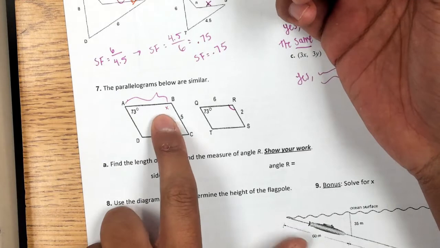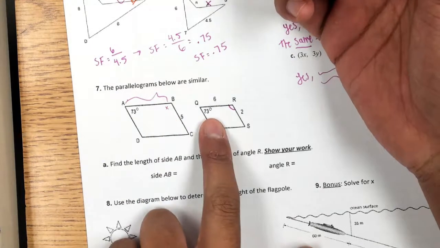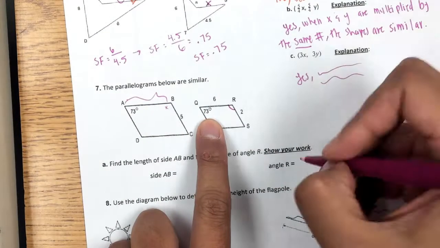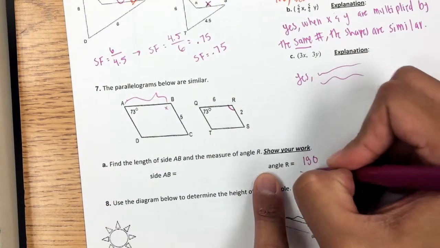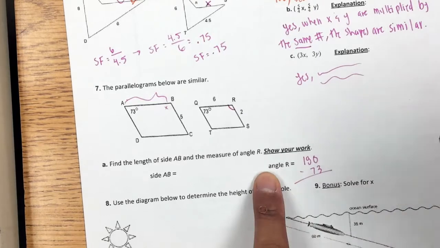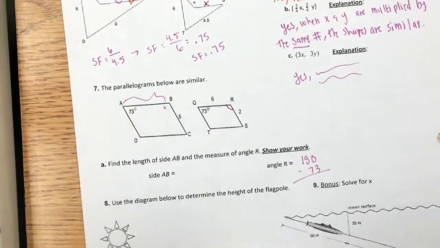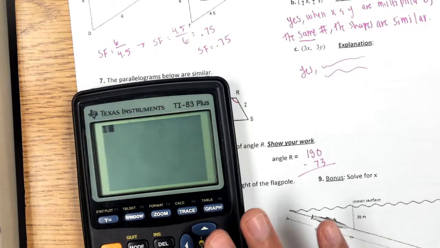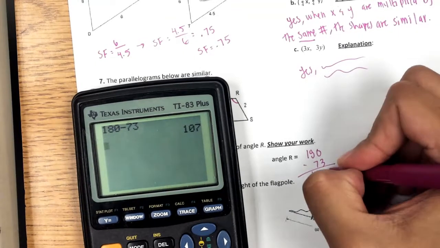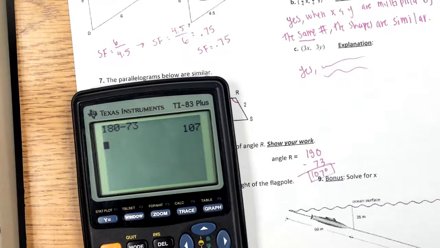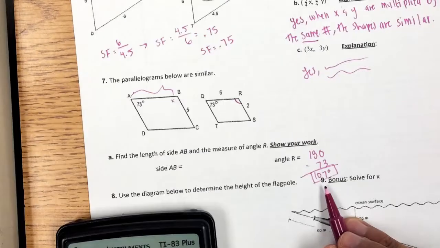So 73 plus this angle should equal 180 degrees. So to find angle R, we should subtract 180 minus 73. That's your calculator. And that is 107 degrees. And that is the measure of angle R.